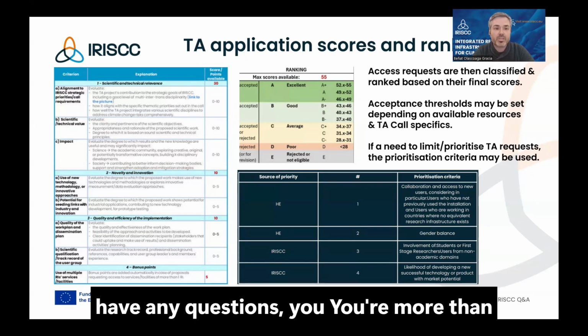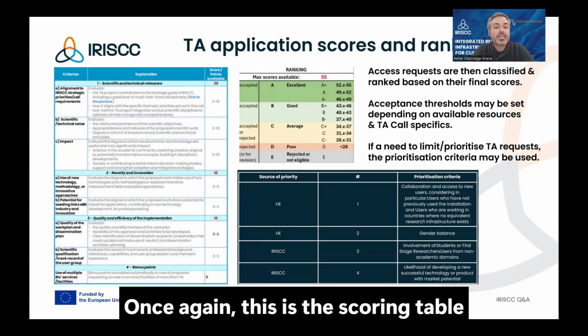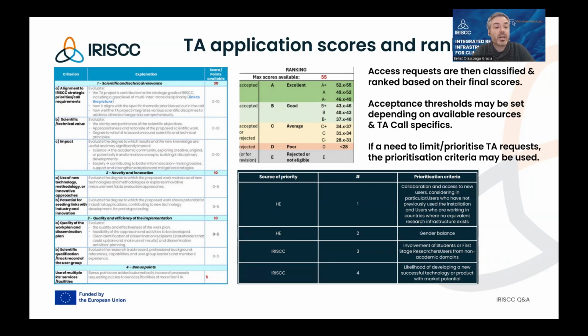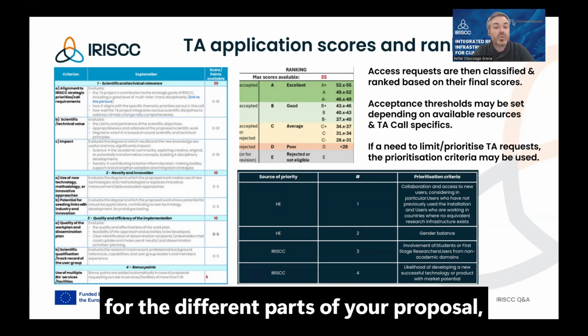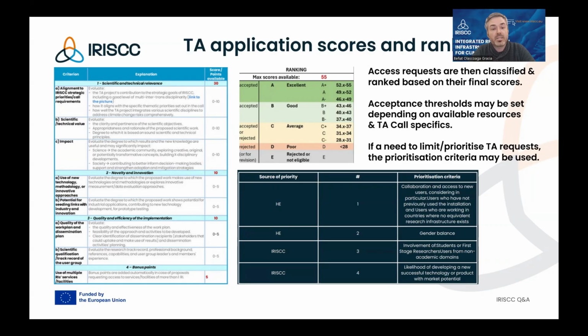And if you have any question, you're more than free to contact us. But once again, this is the scoring table that the evaluators are going to be using for the different parts of your proposal, and they will come up with a score value in the end.